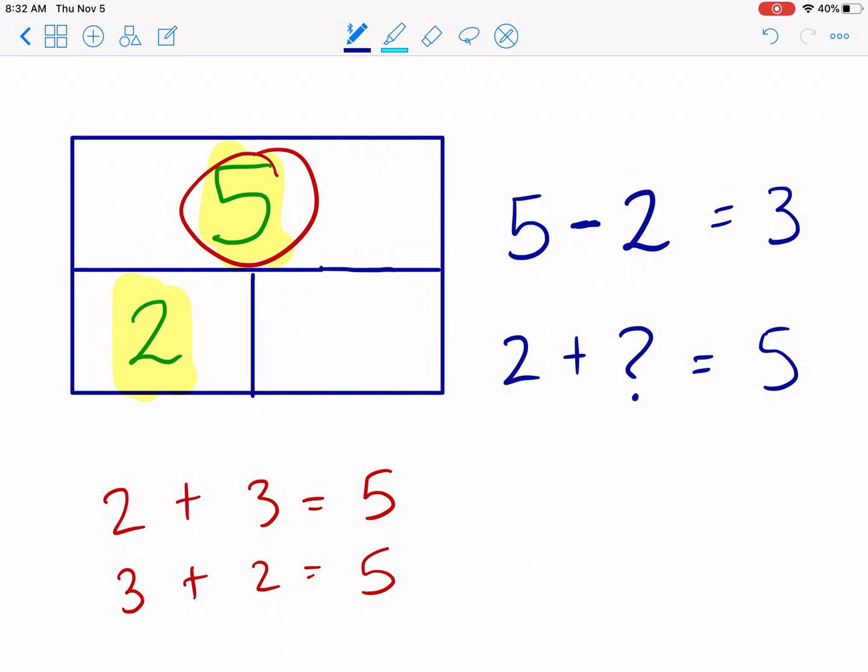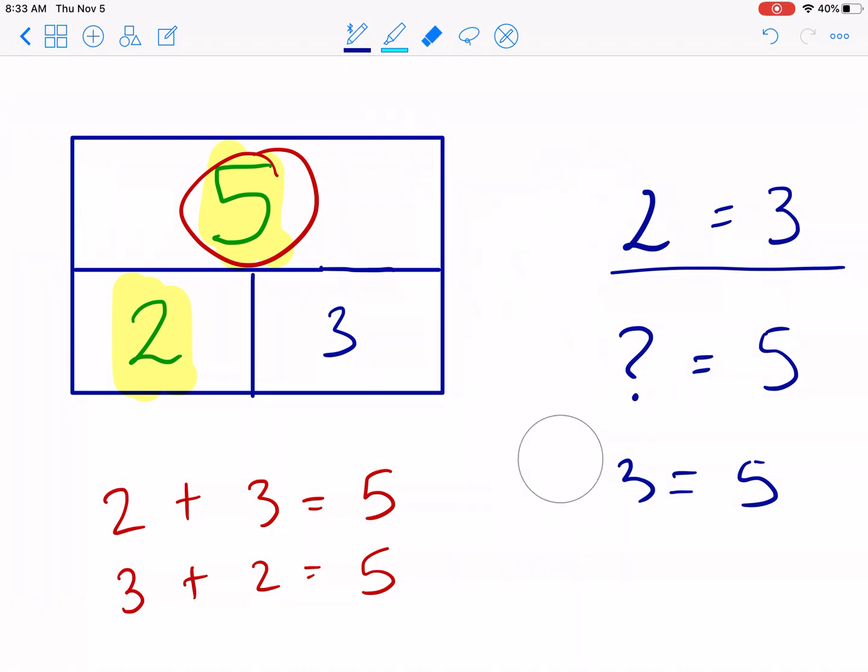I have 3 fingers held up. We would do 2, and then we would count on 3, 4, 5. I see that there are 3 numbers here. So 3 would go in our open box. So then we would check and say, 2 plus 3 equals 5. But we're technically subtracting when we fill in that missing box there.